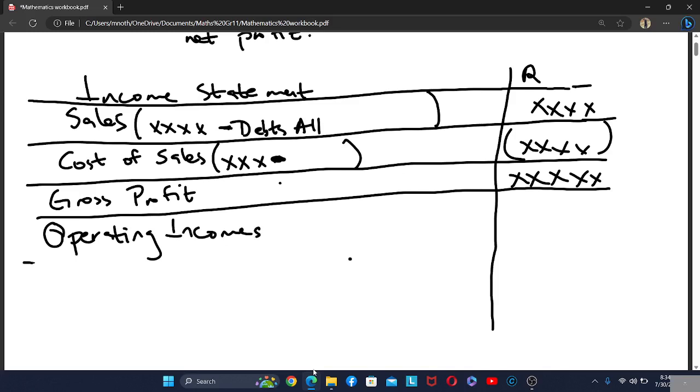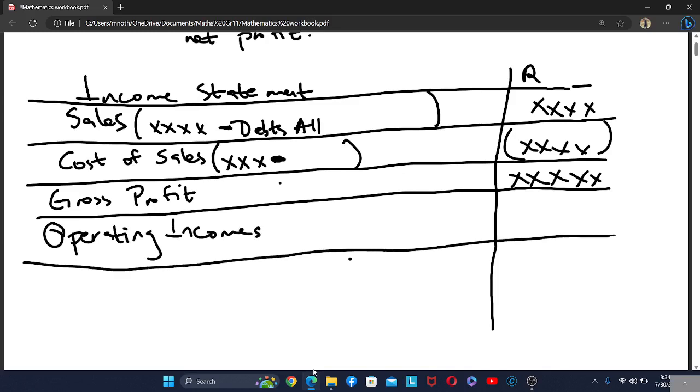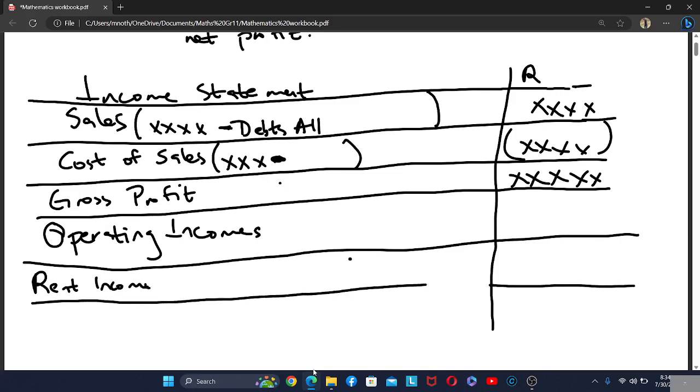Operating incomes. Okay, so the operating incomes, we can have the rent income, we can have the discount received. So we have many incomes.